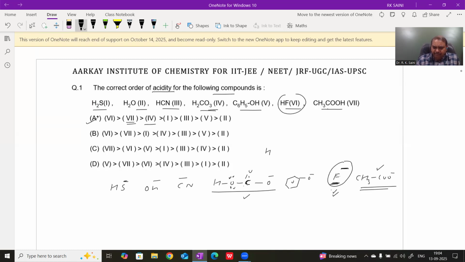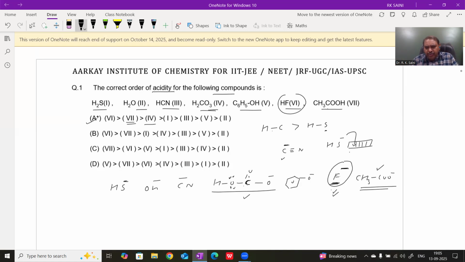In case of HCN, the cyanide ion is more stable due to the negative charge present at the sp hybridized carbon atom. But in case of bisulfide ion, the negative charge disperses in empty orbitals, as well as the bond energy of carbon-hydrogen is greater than the bond energy of carbon-sulfur, because sulfur is a third period element.